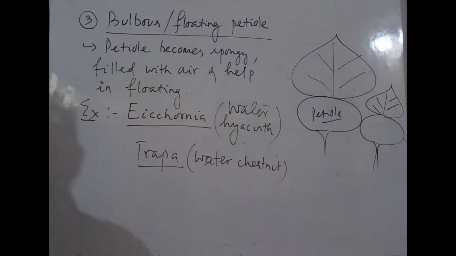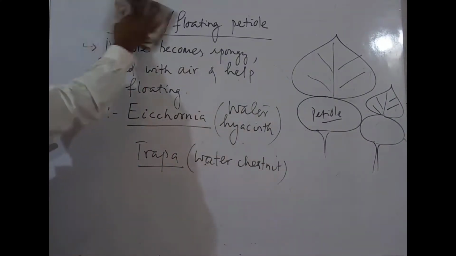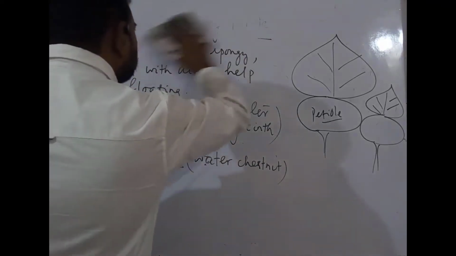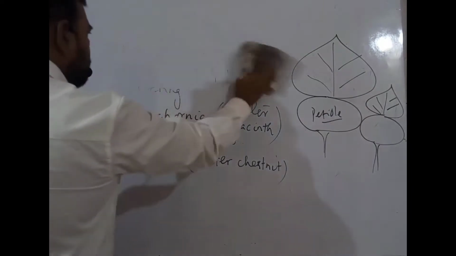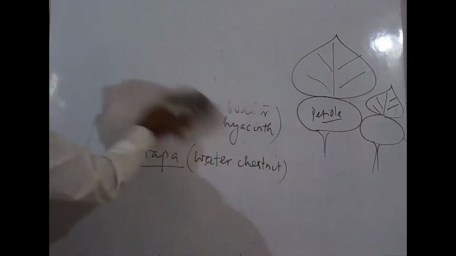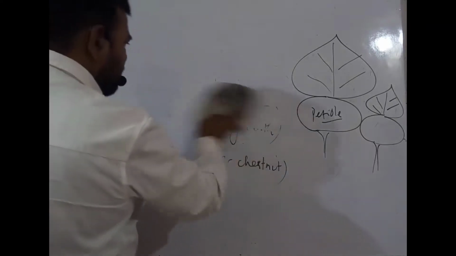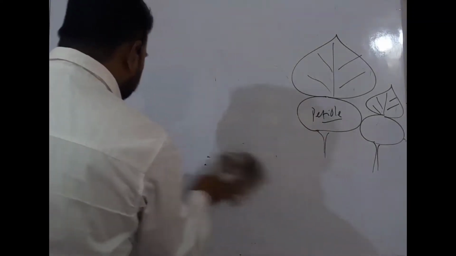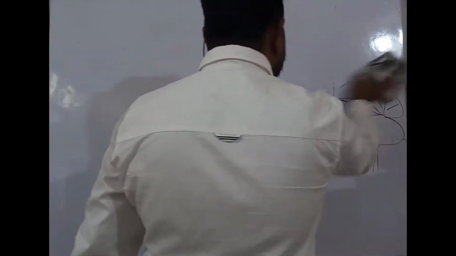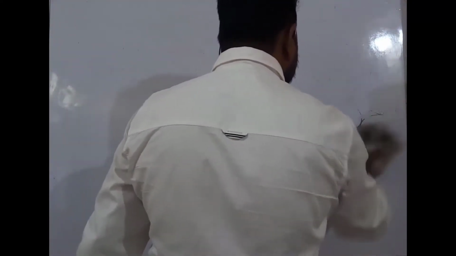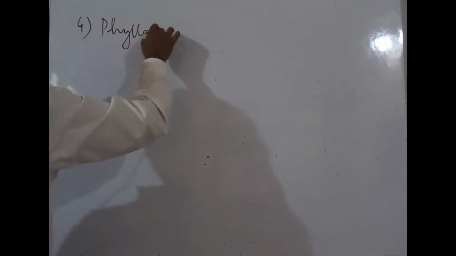So the next modification we will go to is phyllodes. In NCERT the term phyllodes is not given, but its meaning is given. Number 4 modification of the petiole is phyllodes.